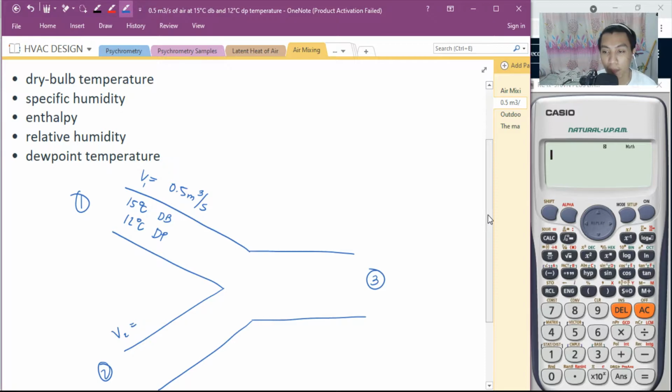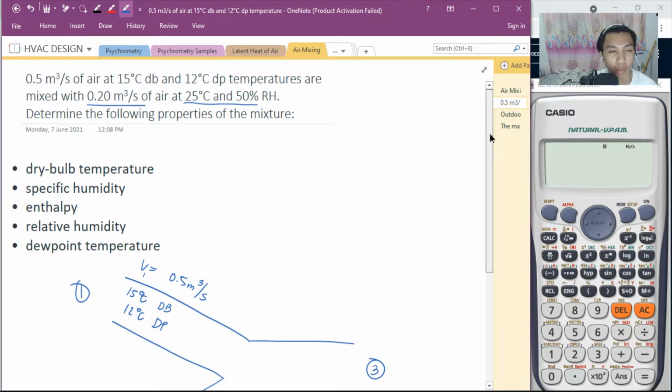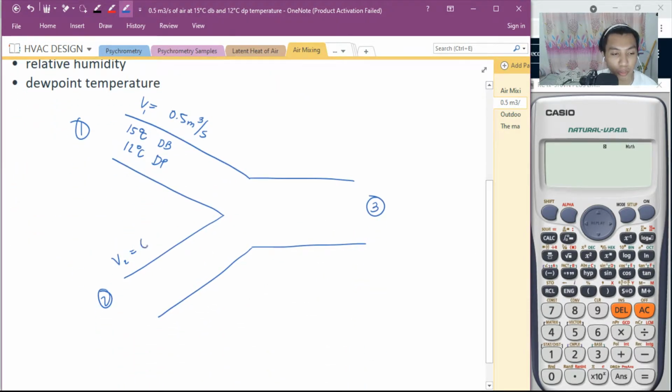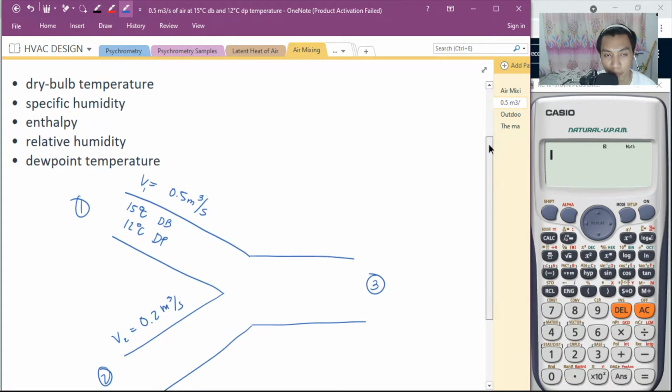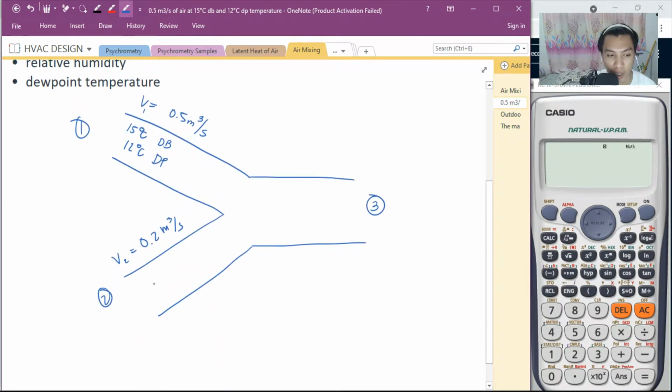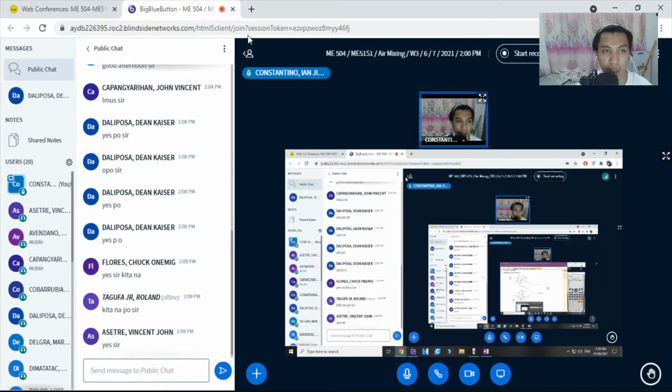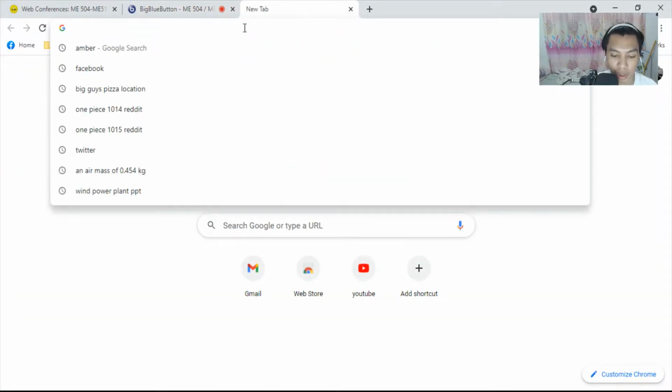This will be 0.2 cubic meter per second. Tapos meron ka ditong 25 degrees Celsius, dry bulb na kagad yan. Tapos 50% RH. Kailangan gamitin mo muna si psychrometric chart.